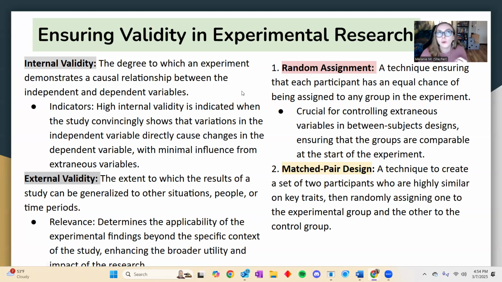So part of how we make studies more generalizable or their results more generalizable to larger groups of people is through a process called random assignment. This is where we assure that every participant in the research has an equal chance of being assigned to any particular group. So this is extremely important for any sort of between subject design, between group designs.